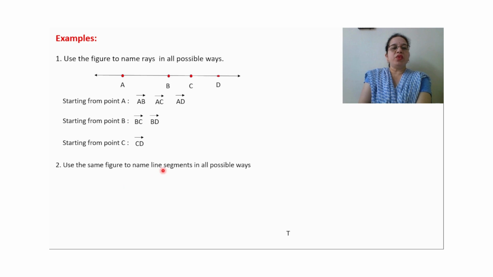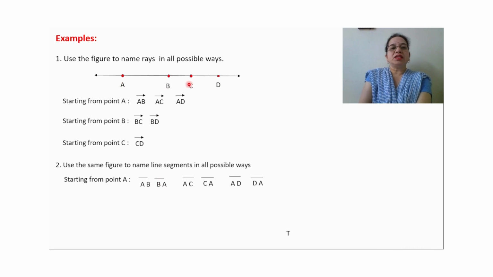Use the same figure to name all the line segments in all the possible ways. So again with point A we will start. With point A, AB; with point A, AC; with point A, AD. So these are the line segments. And line segments you can write in the opposite way also because both ends are fixed. So with AB you can write BA also.